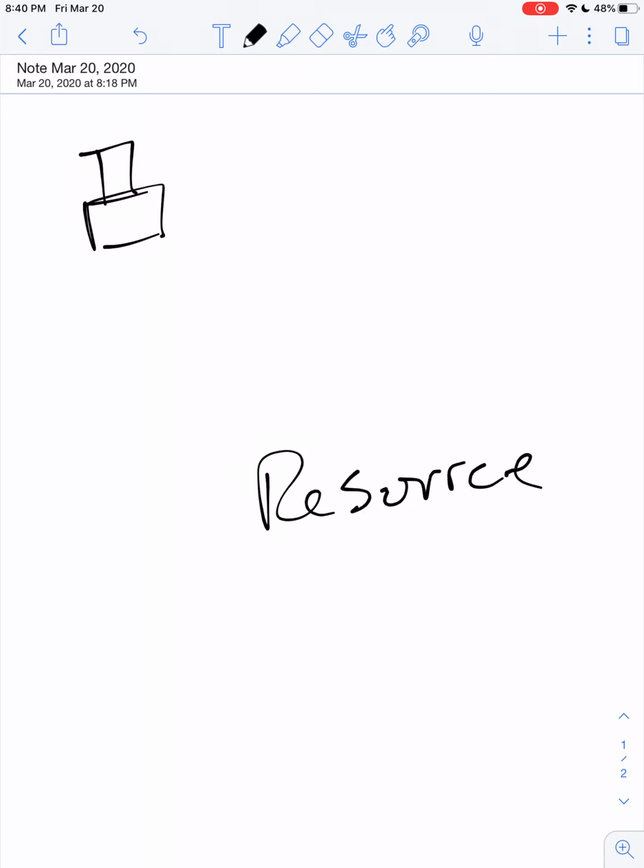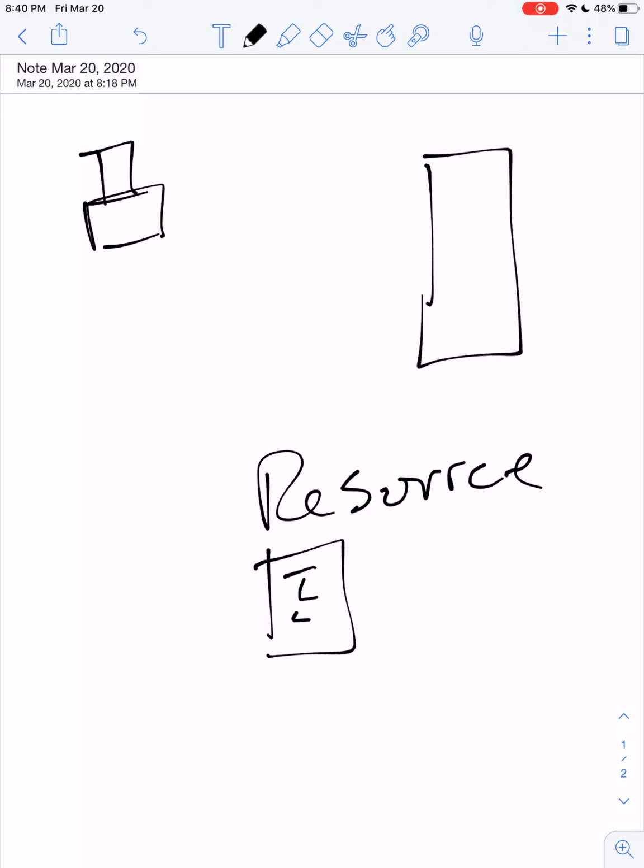The way this works, your workstation is going to request access to a resource. This could be a file server, a printer, any kind of network resource. And then you're going to have your authentication server out here. Your authentication server may double also as your ticket granting service.